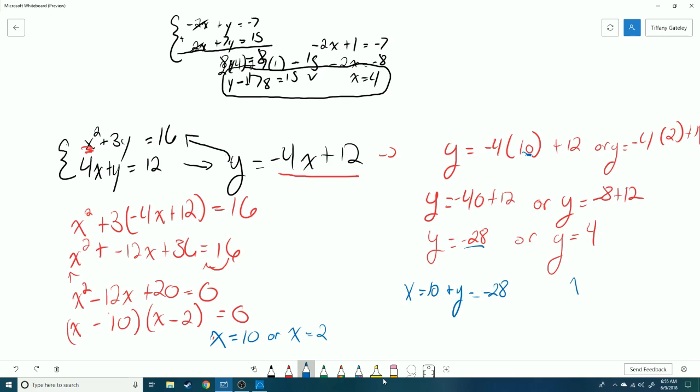And in this one, x equals 2 and y equals 4.